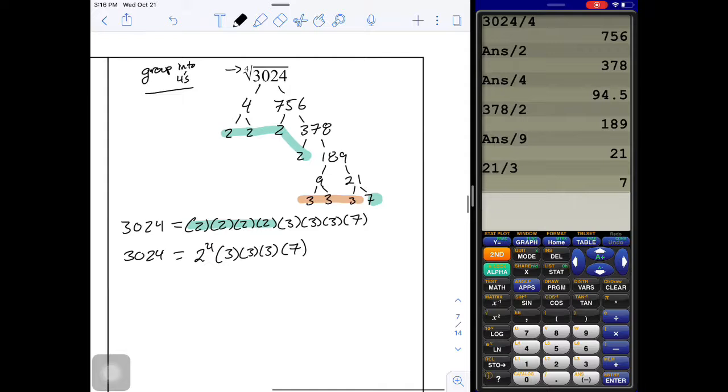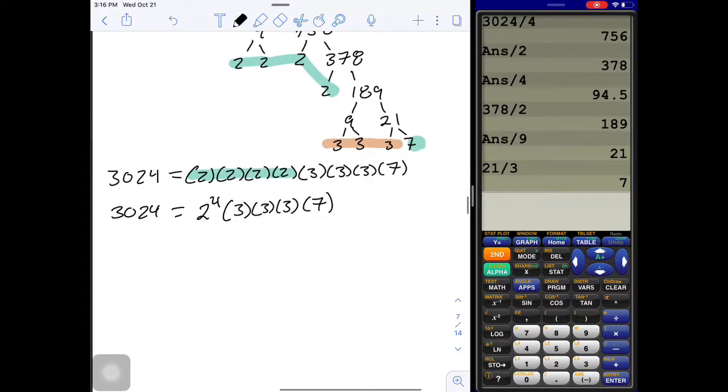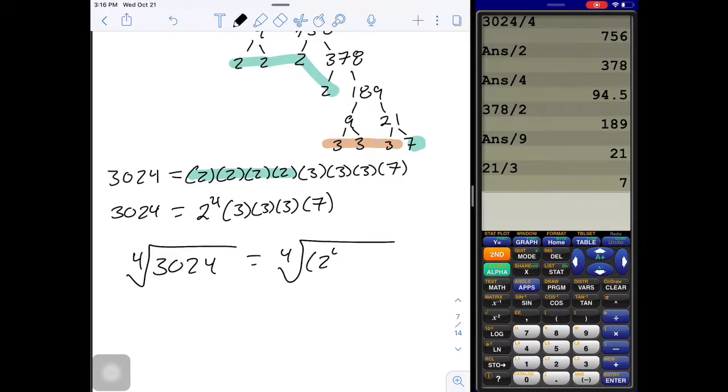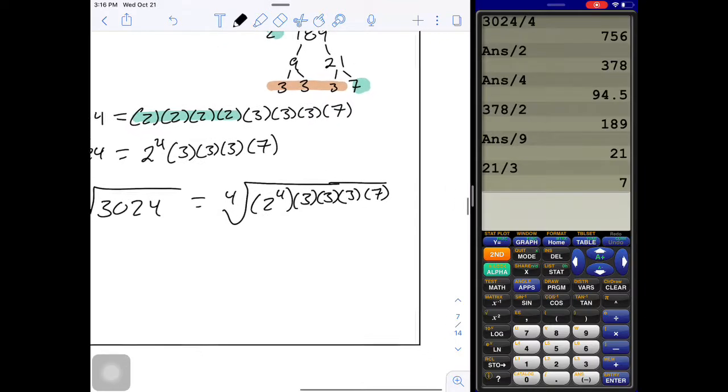Okay, so now I'm going to place this in for 3,024. So this will be the fourth root of 3,024, and I can represent that as the fourth root of 2 to the power 4, 3 times 3 times 3 times 7.